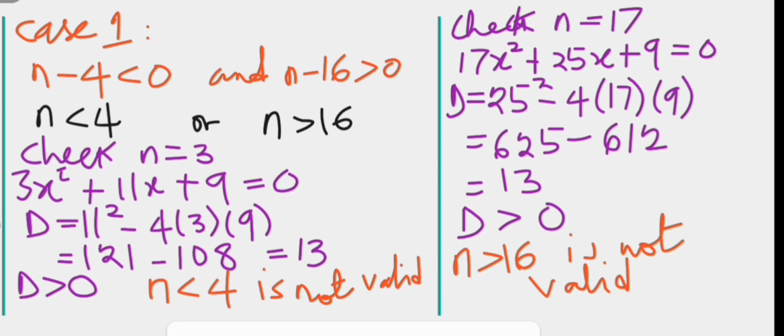This means that the very first case we are considering, n less than 4 and n greater than 16, does not provide any valid solution. Now on to the second situation. With the second case, we check when n minus 4 is greater than 0 and n minus 16 is less than 0. That is when the first is positive and the second is negative.